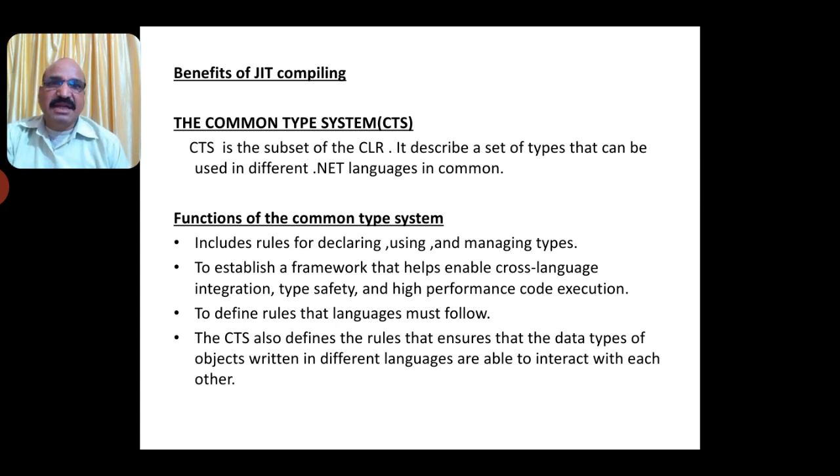So CTS provides a common data type into which every language's data type is converted and they become the same. So .NET treats all languages as equal, that is, a class written in C# should be the same as in VB.NET.